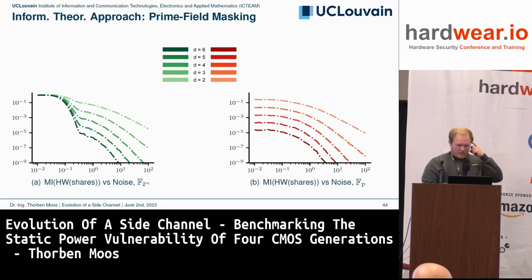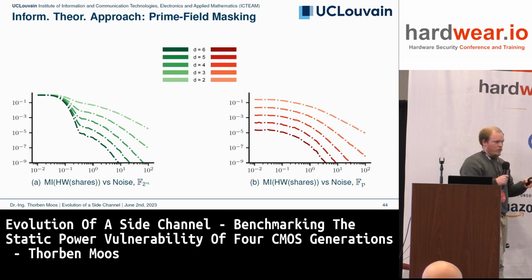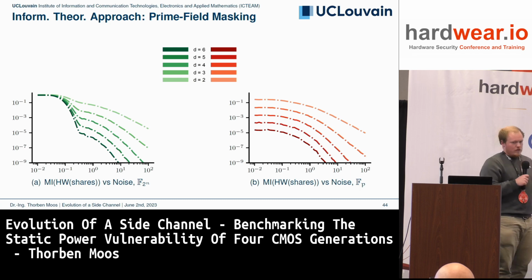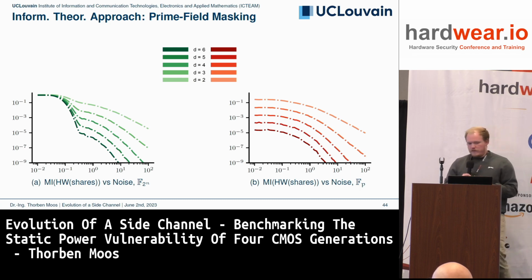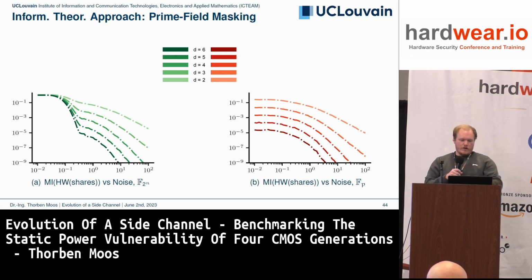And one thing that we recently introduced is an information theoretic approach, which is prime field masking. On the left side, what you see plotted is the mutual information of the Hamming weights of all shares plotted over the noise.